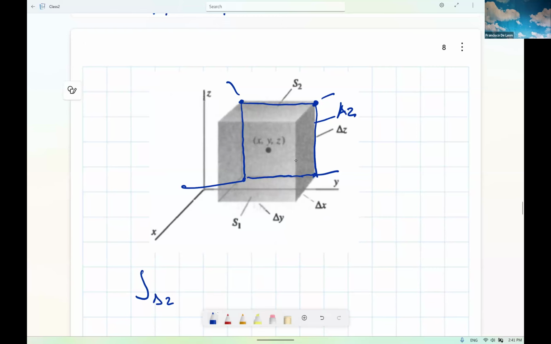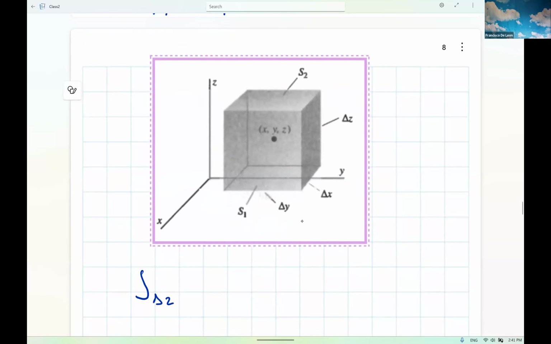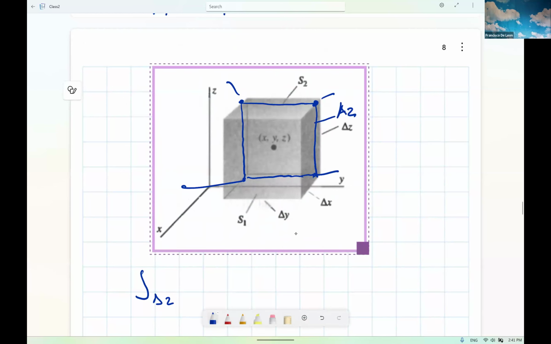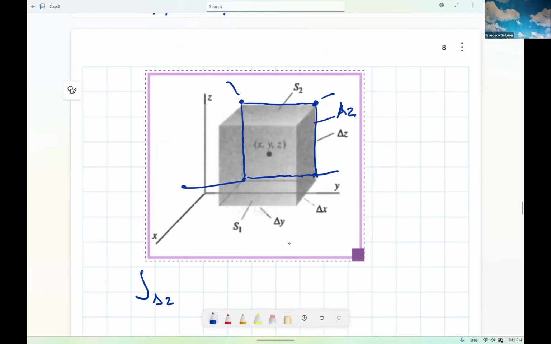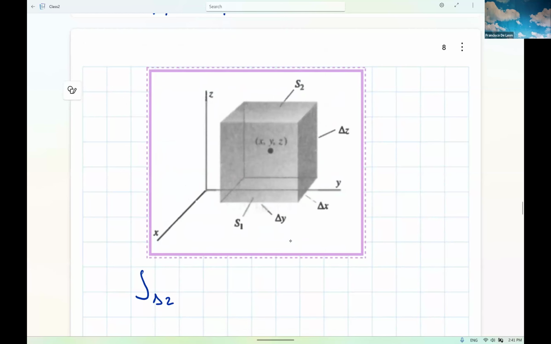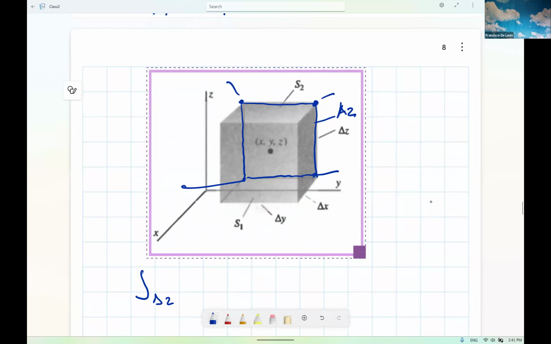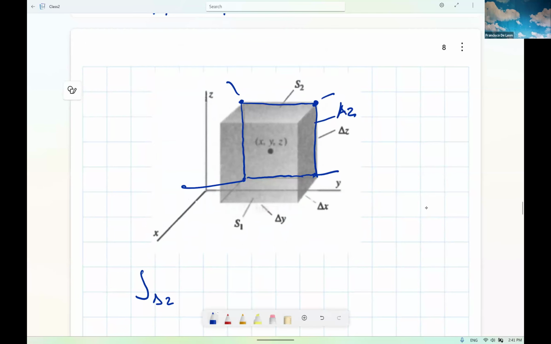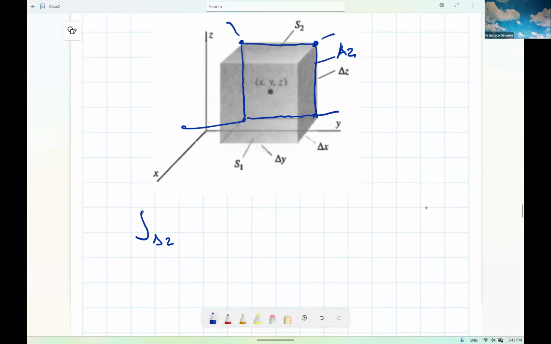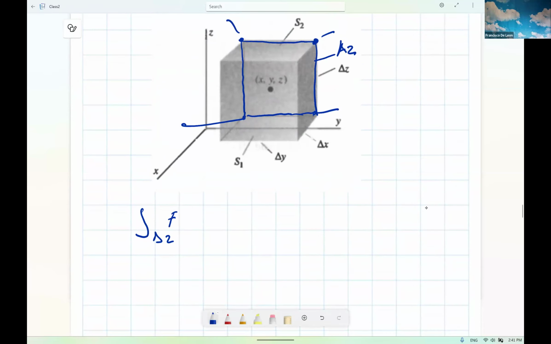So what happens is that I move this a little bit. All right, like this. So when I go to the integral, it will be f of x minus delta x by 2, right?